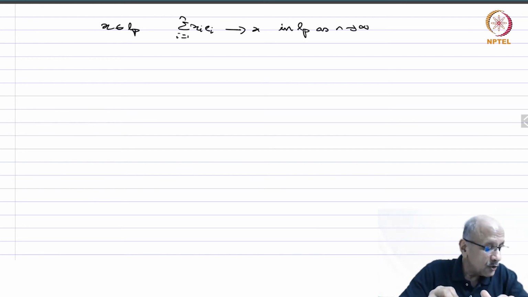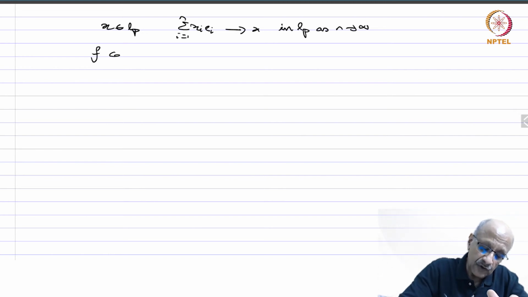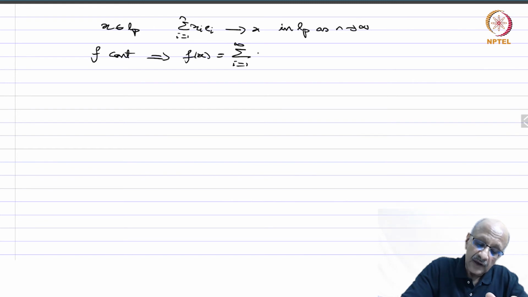Therefore, because of the continuity of f, f of x equals sigma i equals 1 to infinity xi fi. In other words, f is nothing but f bar.